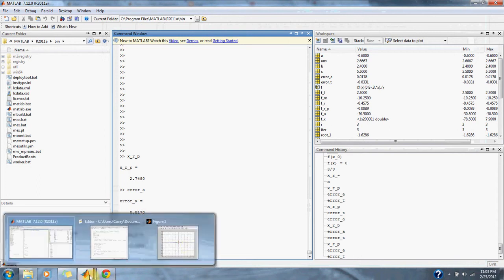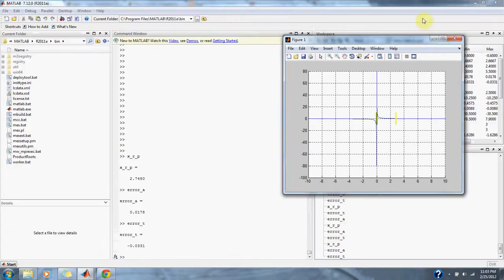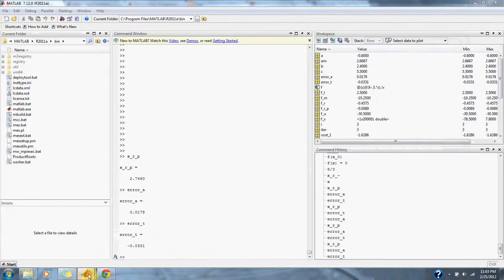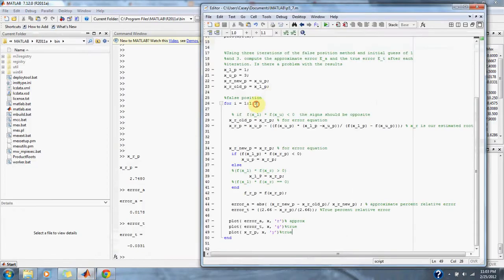So, X out of this graph and run the equation again with about 15 runs through.